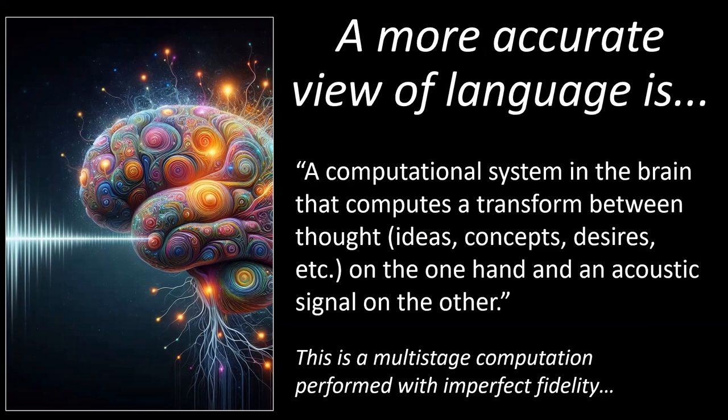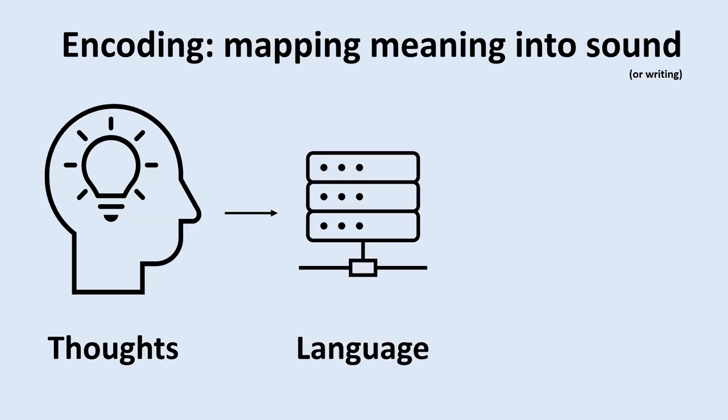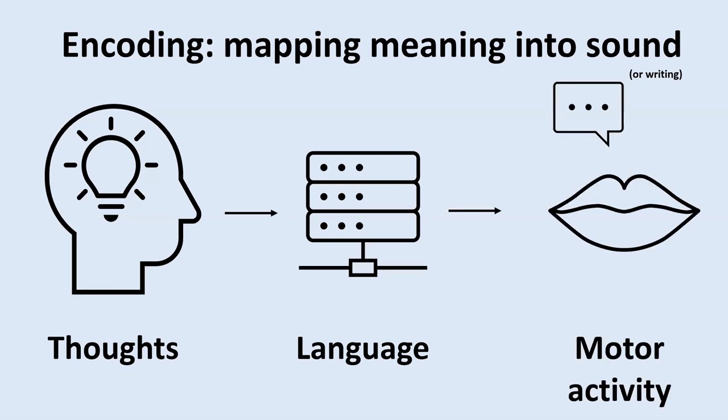We're simply not always able to translate our thoughts into words in the best possible way to convey our message. The opposite also happens when somebody says something to us and we incorrectly interpret what has been said. So it happens with imperfect fidelity, but it's still a pretty good system because it allows the translation of our inner thoughts into an acoustic signal.